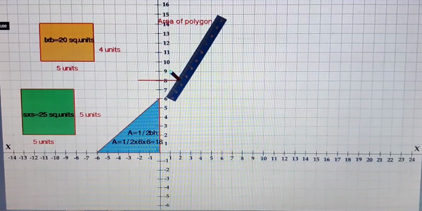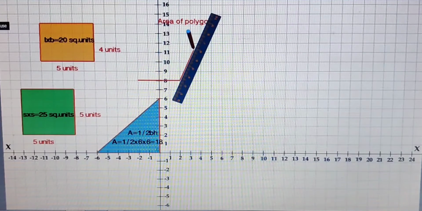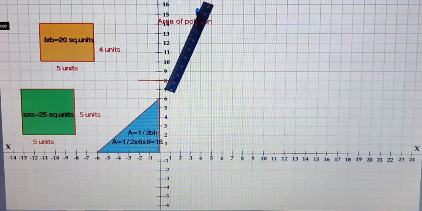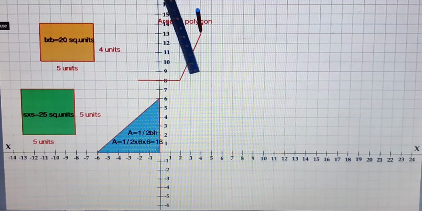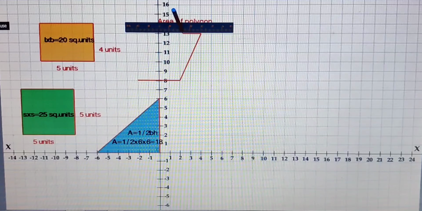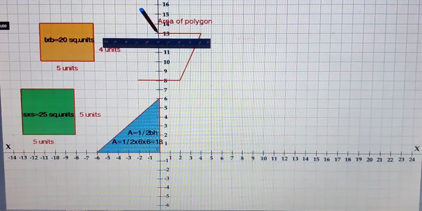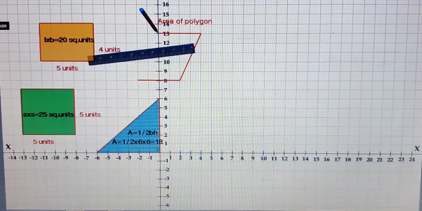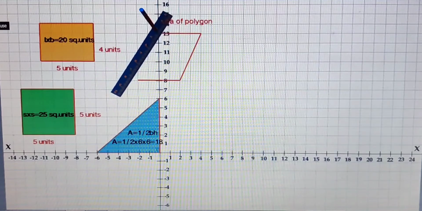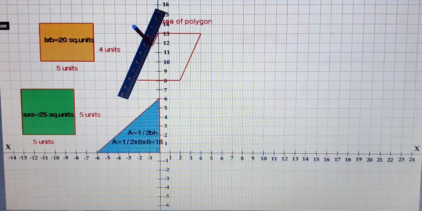Okay. The next polygon is a parallelogram. A parallelogram is one whose opposite sides are equal and parallel. Its base is 4 units and height. The coordinates are 0, 6, 0, 8, 2, 0, 13.